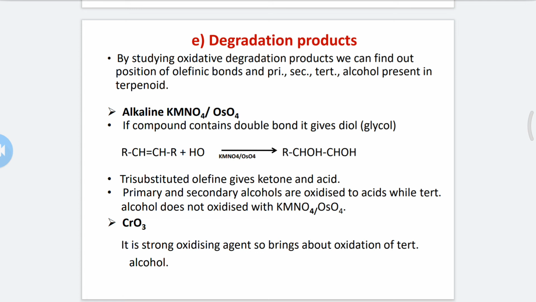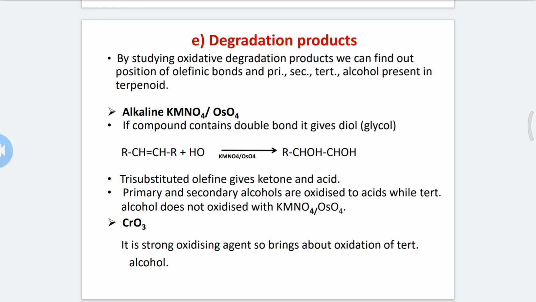Primary and secondary alcohols are oxidized to give an acid, while tertiary alcohol does not oxidize with KMnO4 and osmium tetroxide. It means we can confirm the type of hydroxy group and the type of double bond unsaturation using this test.